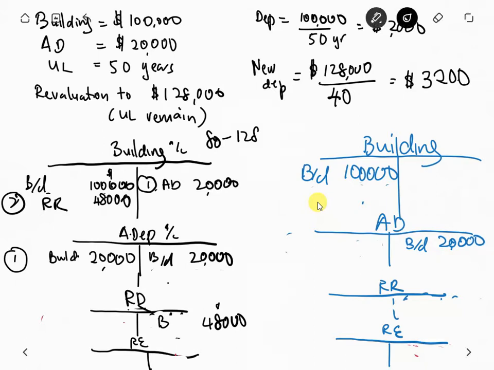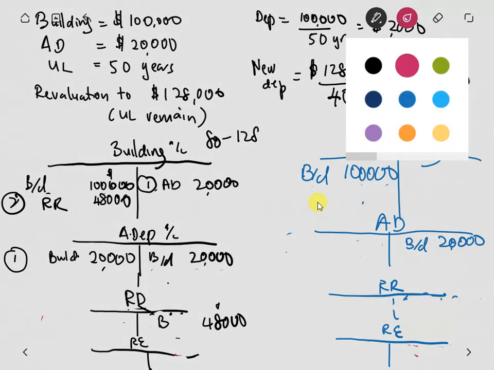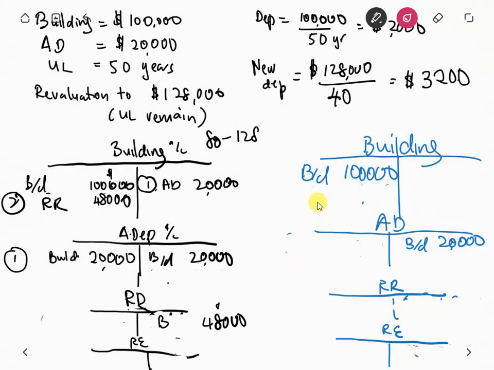What you should do? You must transfer 1,200 from your RR to your RE. Debit RR, credit RE. Excess depreciation transfer from RR to RE. Okay.